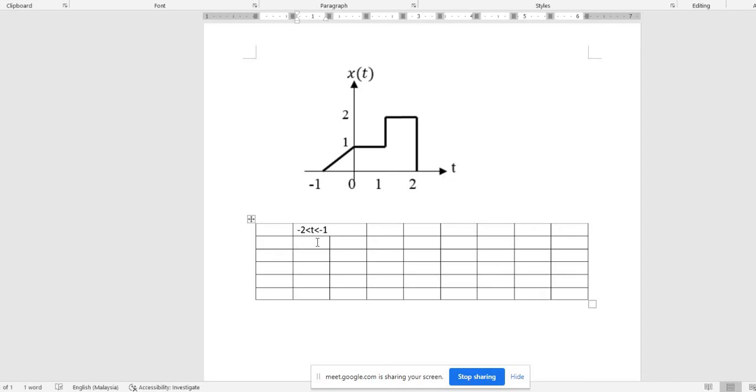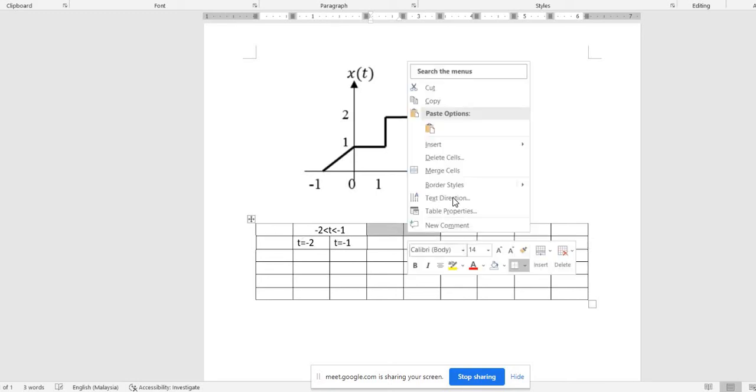Okay, can you see my writing? Okay, and then this one is t equal to from -2 to -1. So this is t equal to -2, and then another one is t equal to -1. Okay, and another one.